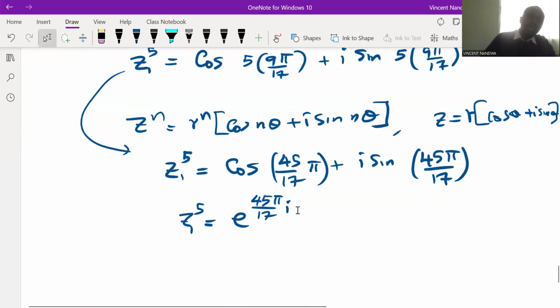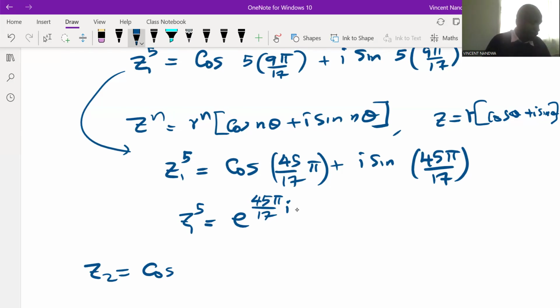And then denominator, let it be Z2 be cos of the number 2 pi over 17 minus I sine 2 pi over 17.